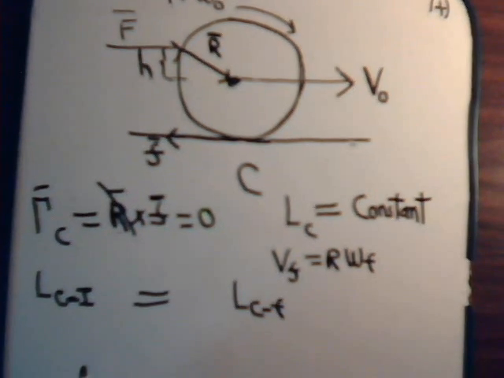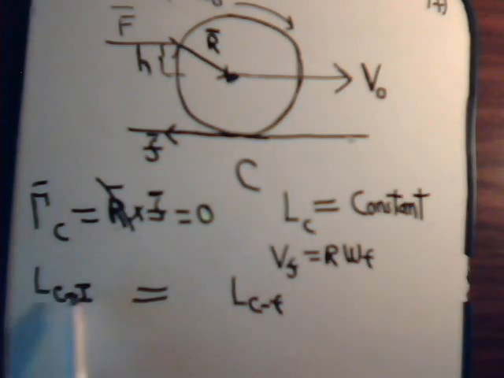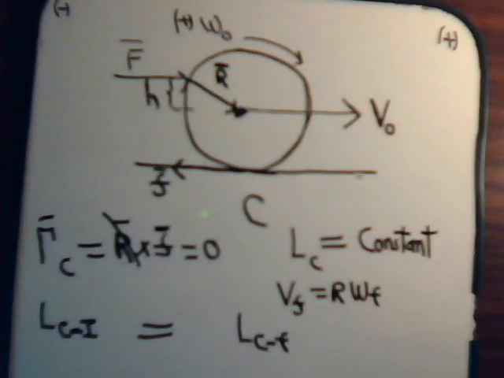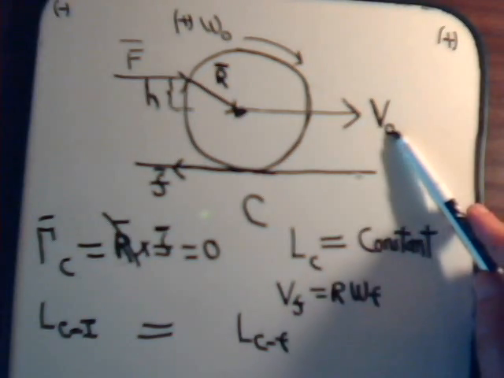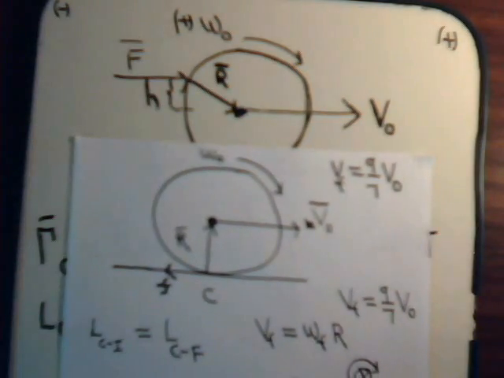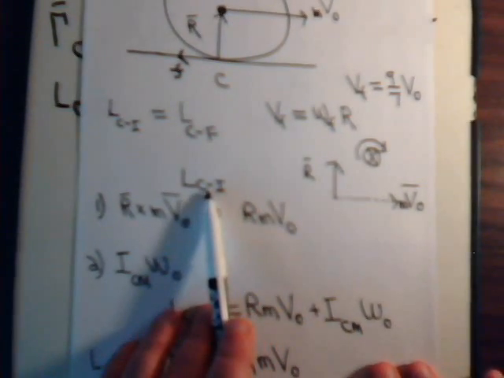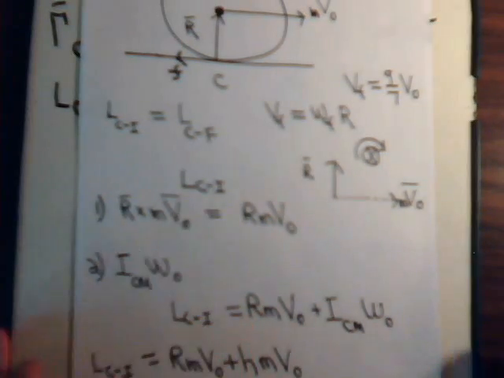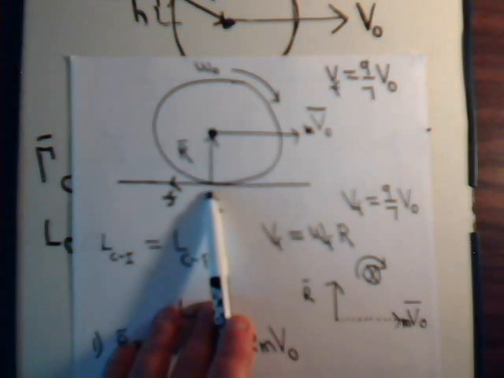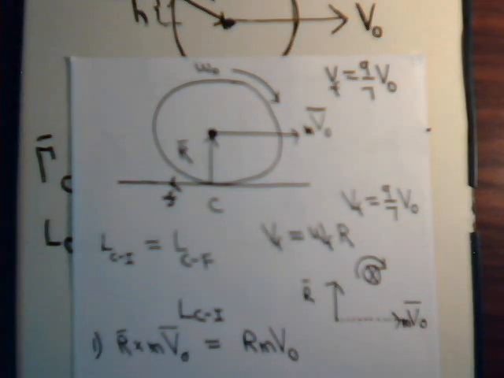Now, what is the angular momentum about point C immediately after the ball is struck by the cue stick, when it has this linear velocity and that angular velocity? It has two components: the angular momentum of the center of mass with respect to point C, plus the angular momentum of rotation about the center of mass.